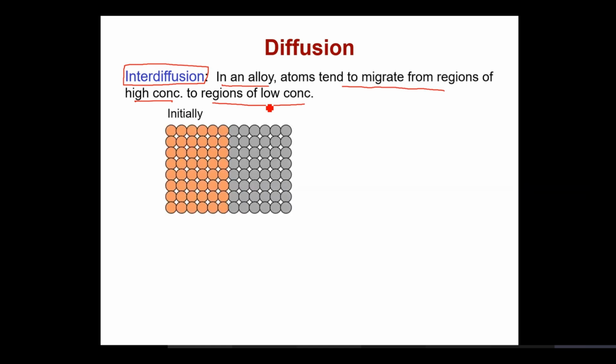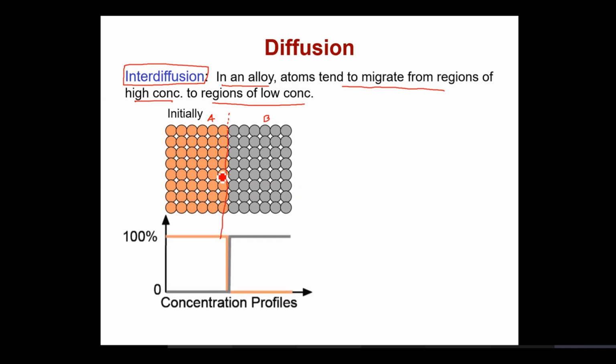For example, initially, if you have two kinds of atoms in contact, A and B, and this is the interface of the two atoms. If you see over here the concentration profiles at the interface, the A is 100% up till this point, and it suddenly reduces to zero at the interface as you quickly move into it.